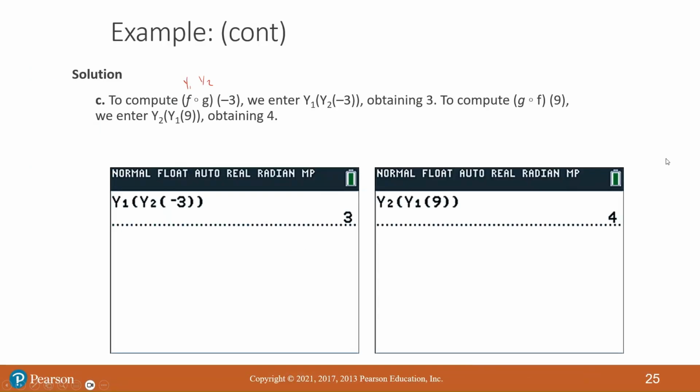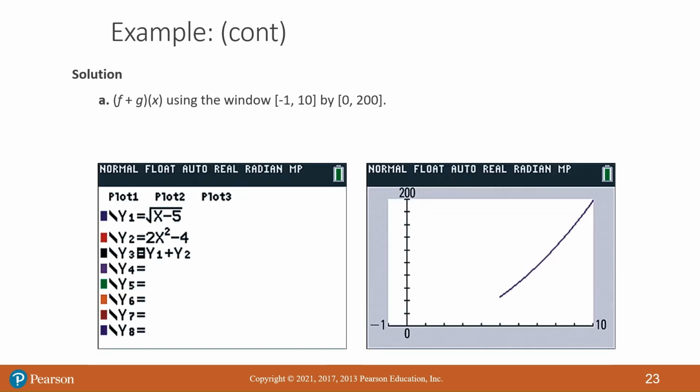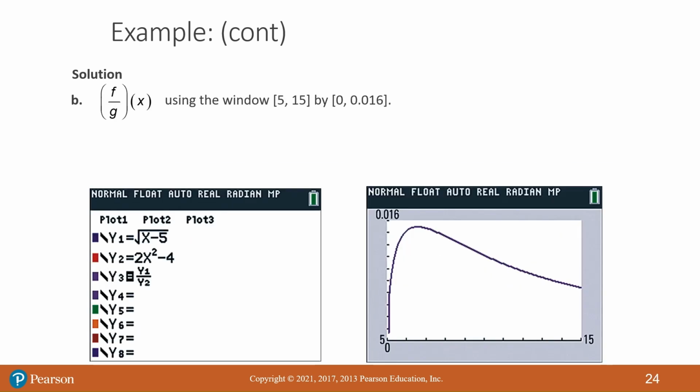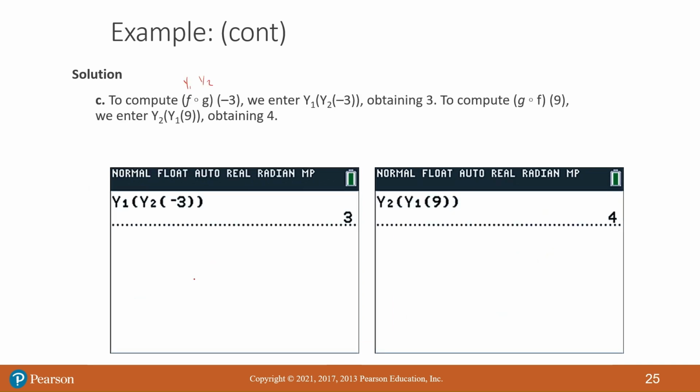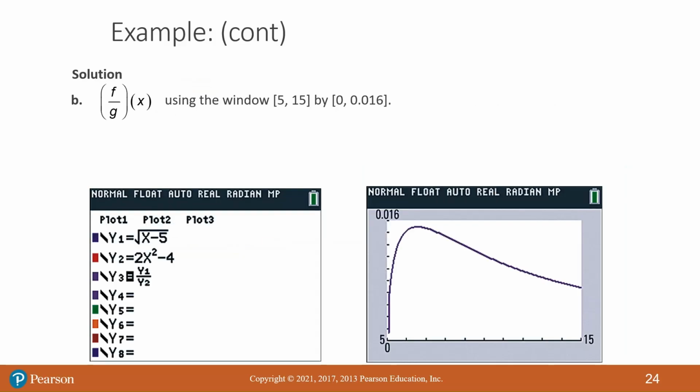Now, essentially what you're saving yourself here is, let's start with just the first simple one. If I had to find f of g of -3 by hand, which means that I would need to take my f of x function and plug my g of x function in with -3 in it.